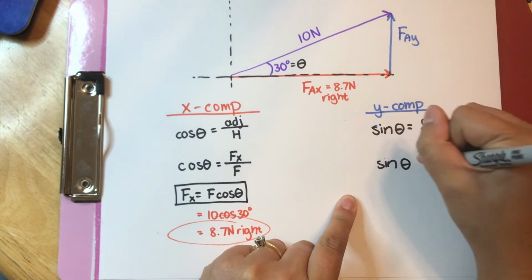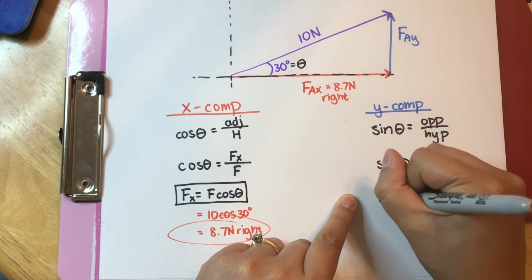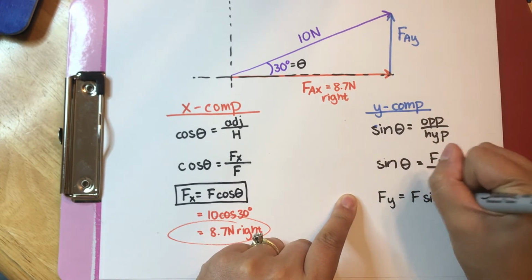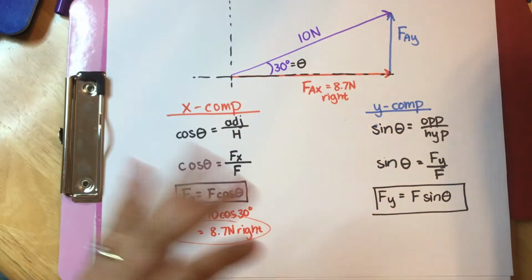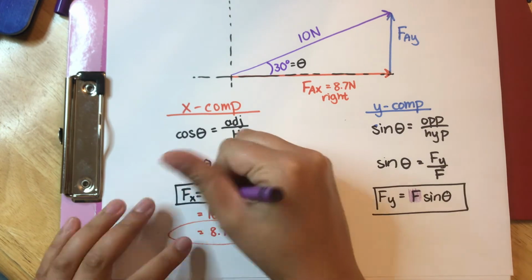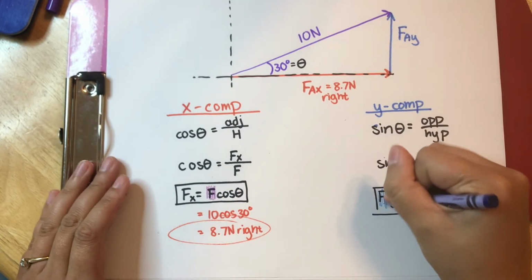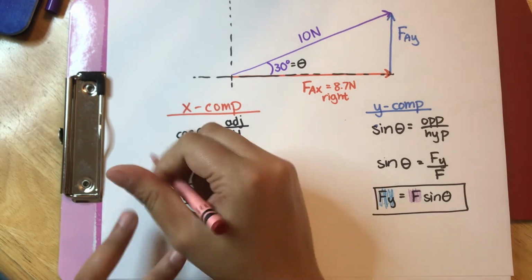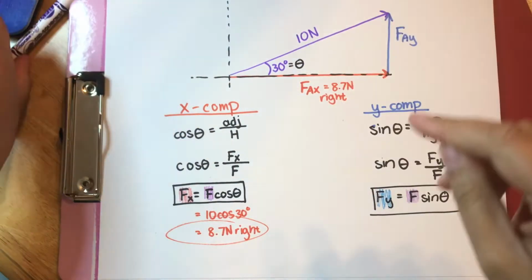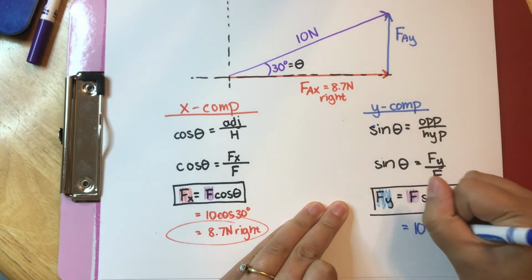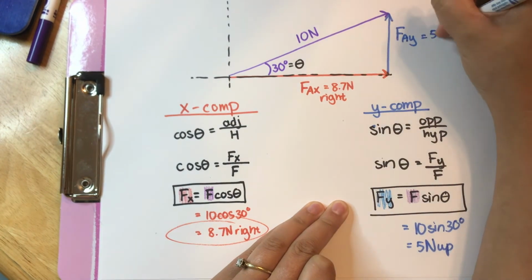So sine theta is equal to FAy over F, and rearranging, I see that Fy is equal to F sine theta, where F is the hypotenuse and theta is the angle from the horizontal. I drew these in corresponding colors, so blue always goes with y, red always goes with x, and purple represents the hypotenuse. Substituting in, 10 sine 30 is 5 newtons up.